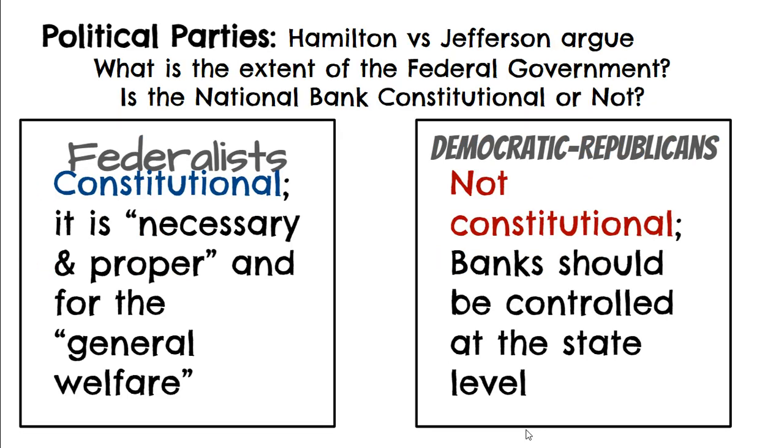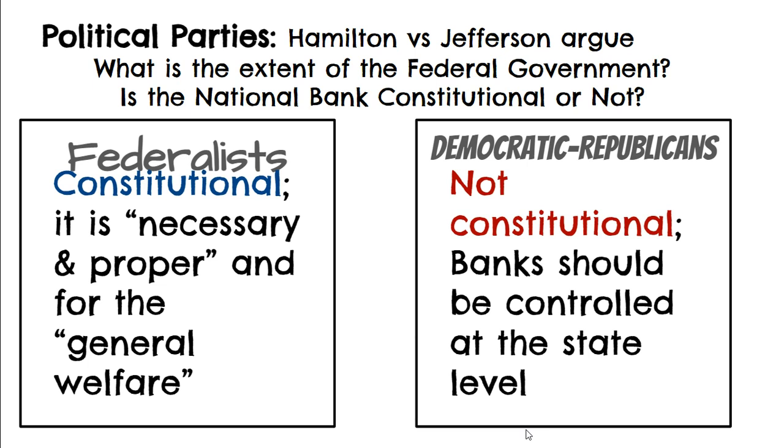So, what does this look like overall? Hamilton versus Jefferson, they argue, what is the extent of the power of the federal government? Should the government be able to do whatever it wants, or should it have to do only what the Constitution says that it can do? For Federalists, they believe that the national bank was constitutional.